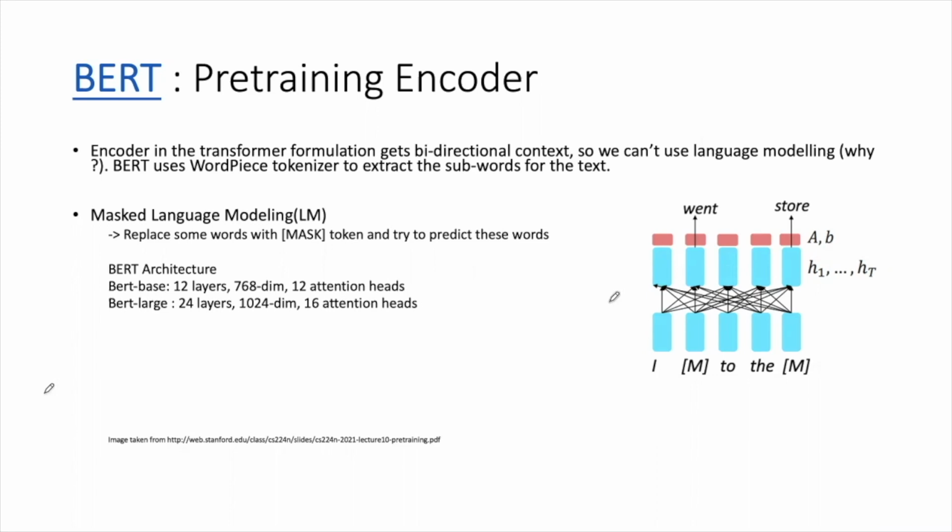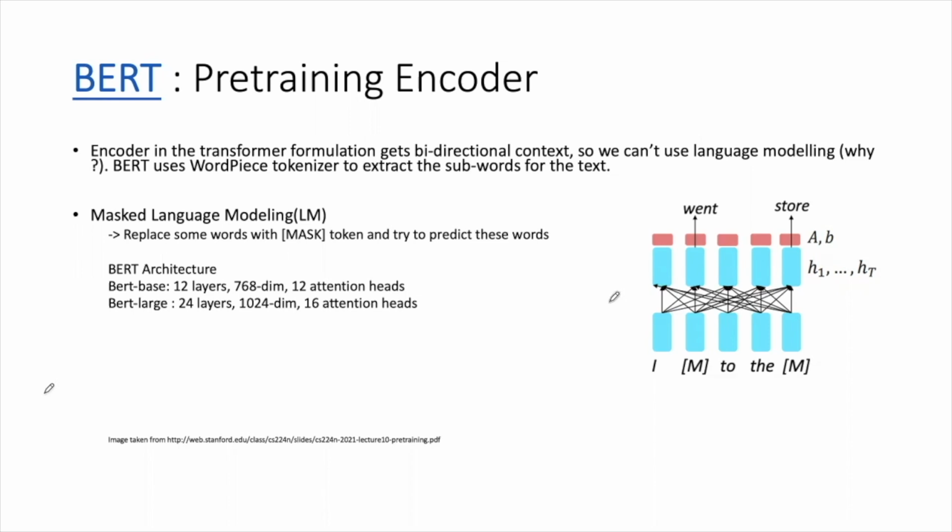Once again, there is a reason why language modeling cannot be used as a pre-training objective for an encoder: in bidirectional settings, when we try to use language modeling, there will be a stage where the input and the output words would both be the same. That's the reason language modeling cannot be used in a bidirectional context setting.